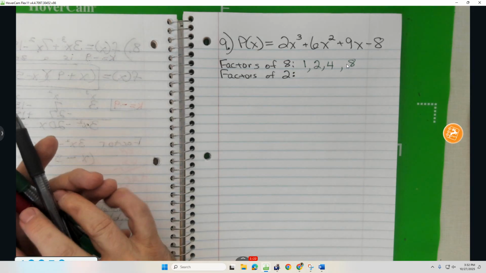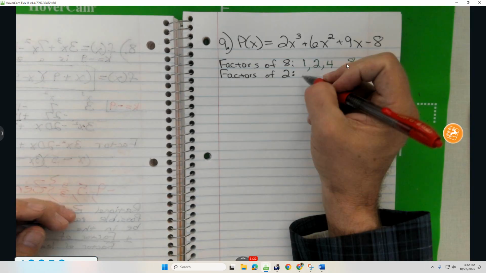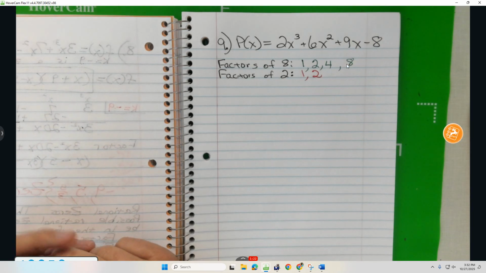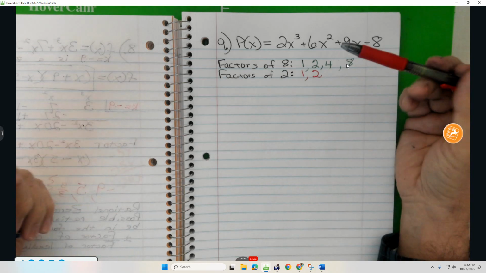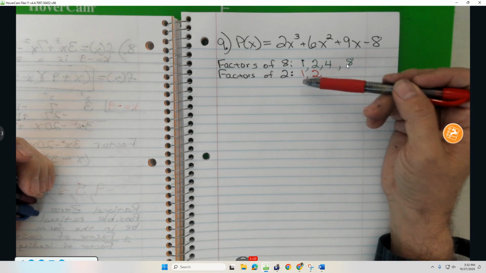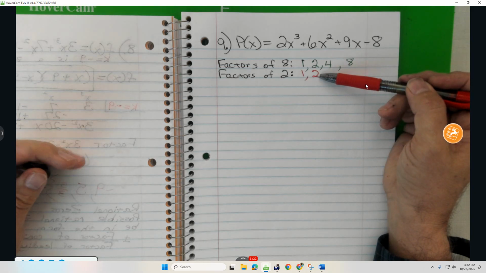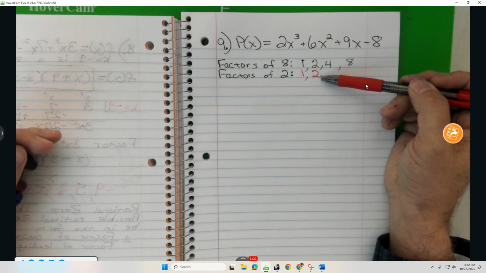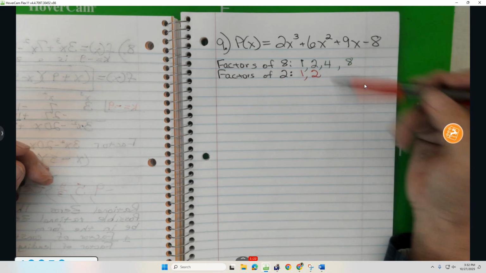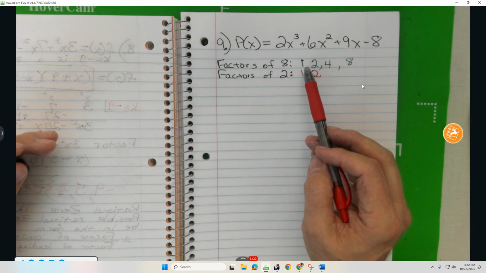What am I going to have here? 1 and 2. We have to take every one of these green numbers and put it over every one of these red numbers. You need an organized way of doing it. You can't just say, oh, I took 4 over 1 and then I'll put 2 over 2. You need an organized fashion.